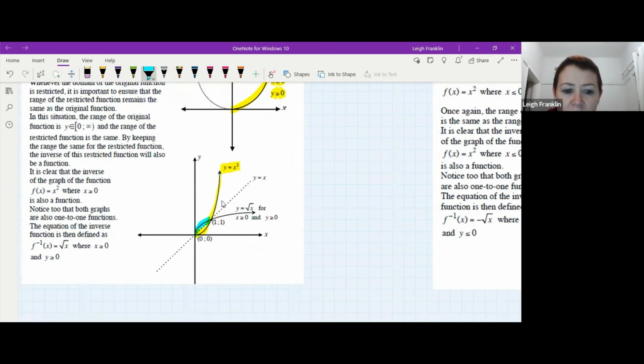We have reflected the yellow line over the line Y equals X. And now we've got Y equals positive root X, because remember, we are working above the x-axis where output or Y is positive. And we are also considering that part of the Cartesian plane where X is positive and Y is positive. Does that make sense to everybody?